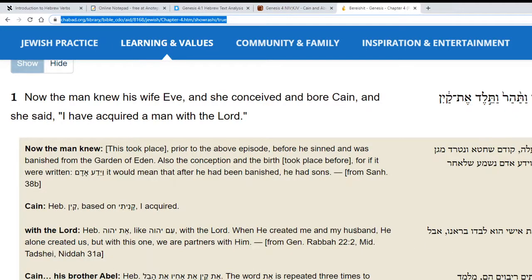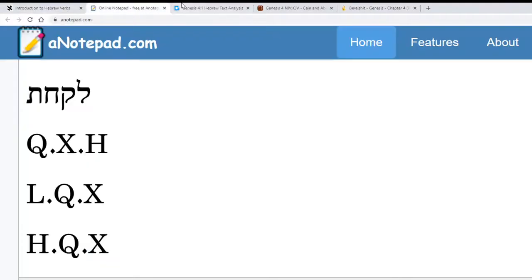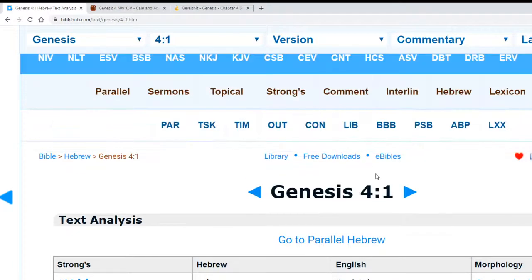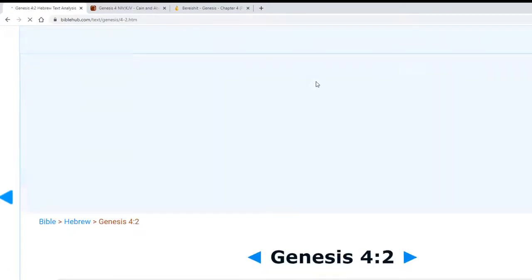When He created me and my husband, He alone created us, but with this one, we are partners with Him. And the Midrash says something similar, that God is a partner every time we create. So that's how they did it. Let me close these out so we don't get confused. Okay, so that's verse 2.